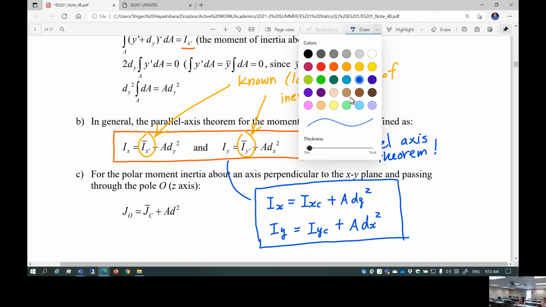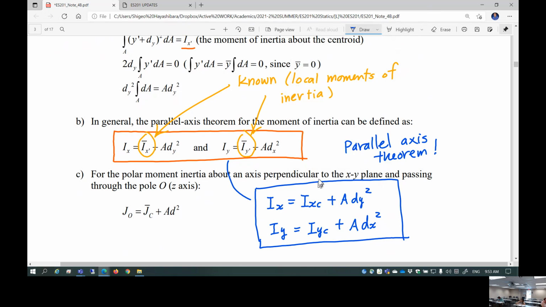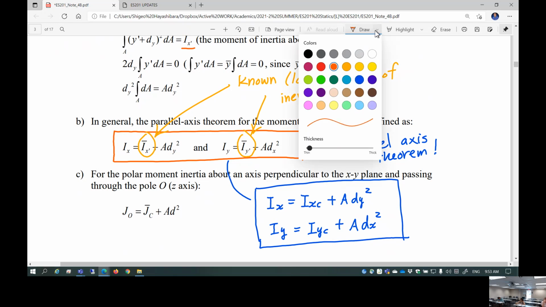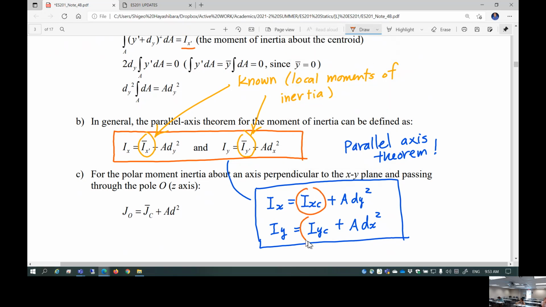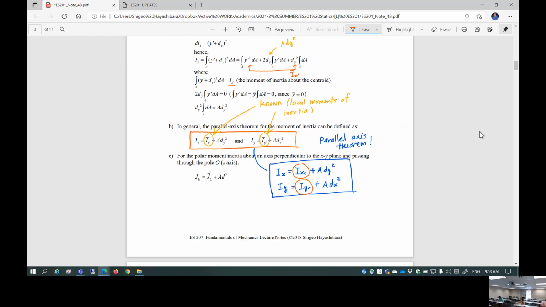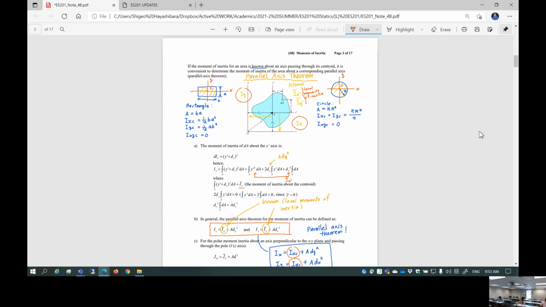And then the important information here is, obviously, Ixc and Iyc are about the centroidal axes. Let's just zoom out and take a look. If you're talking about a generic shape of area, such as a rectangular shape or circular cross-sectional shape, you know the moment of inertia about the centroidal axes, Ixc, Iyc.